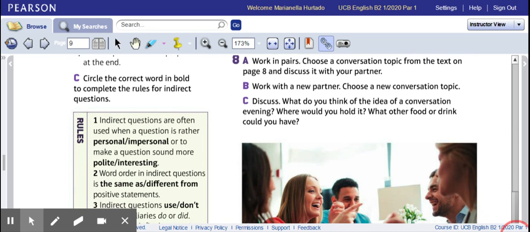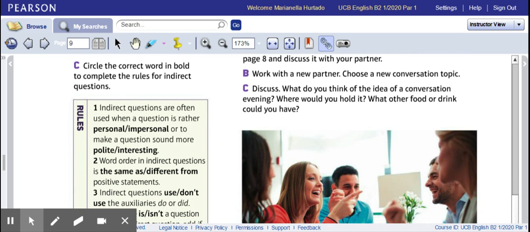It says, circle the correct word in bold to complete the rules for indirect questions. Now, the words in bold are the ones that are darker than the rest. Let's take a look at one. Indirect questions are often used when a question is rather personal or impersonal, or to make a question sound more polite or interesting.